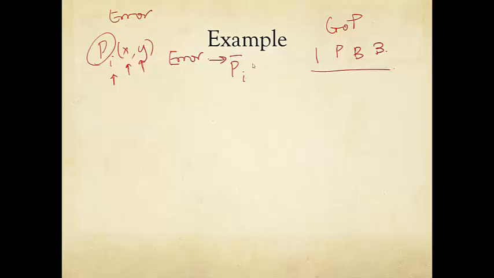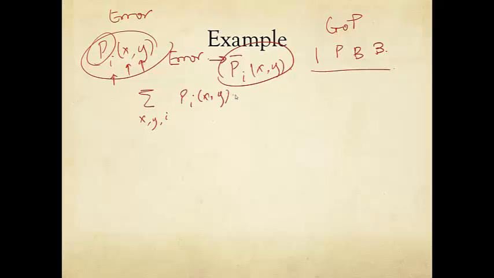Let's call that p bar sub i, x, y. Then we want to look at the absolute value of the difference between this and this, and then sum across x, y coordinates and all the frames i. So this will be our error metric.